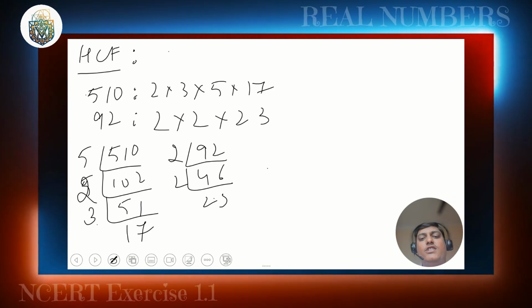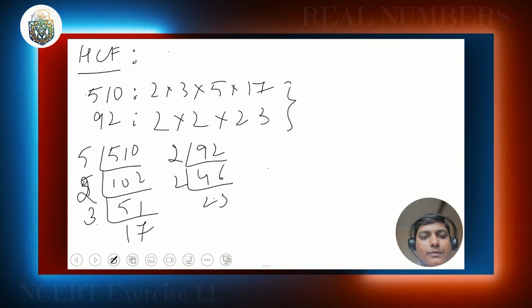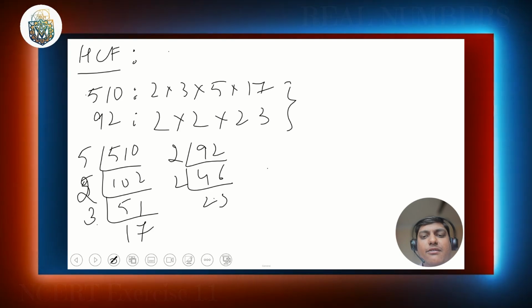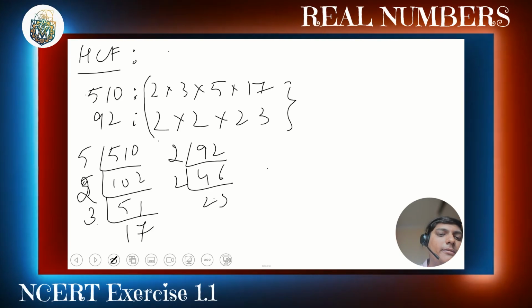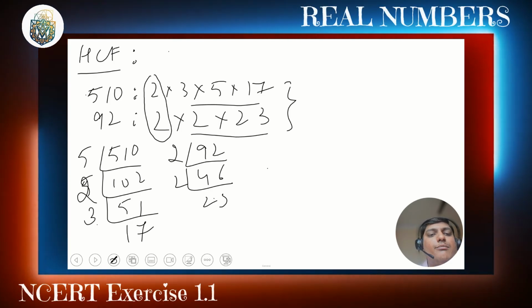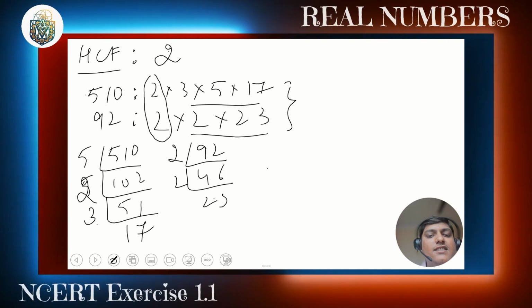So now if you see, these are the prime factors, and what you have to do is take the common prime factors between these two. What are the common prime factors? Basically the common prime factor is only 2. See, only 2 is repeated, correct? So my HCF is 2, only 2, and you have to take the least power.